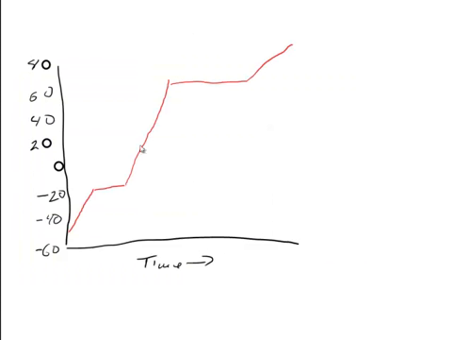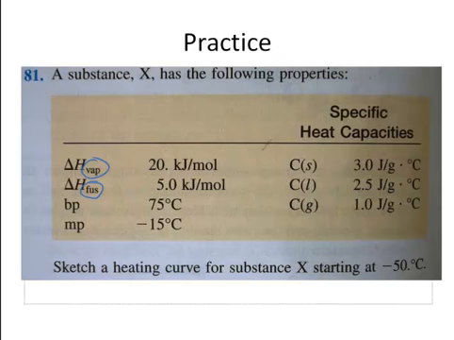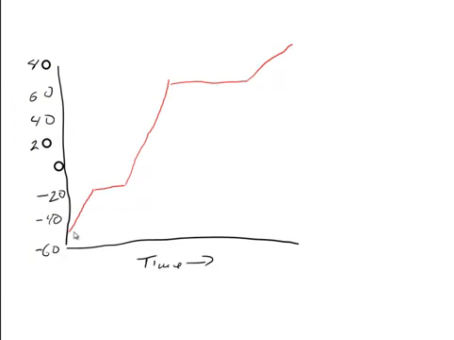Okay, so here we go. If you look at the diagram, I'm starting at -50 right here, right? And then the melting point's at -15. And look how much energy it takes. It only takes 5 kilojoules per mole. So what I did is I started at -50, went up to about -15, and I made this kind of short because it's only going to take 5 kilojoules per mole.